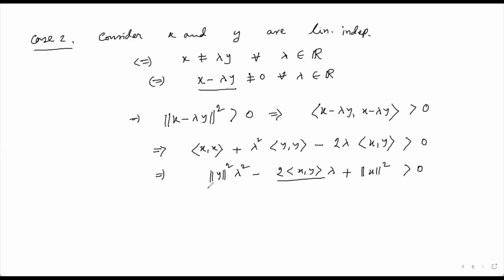So now we can see that the left-hand side of this inequality is a quadratic equation in lambda with no real root. For every real number lambda, the left-hand side is strictly greater than 0.